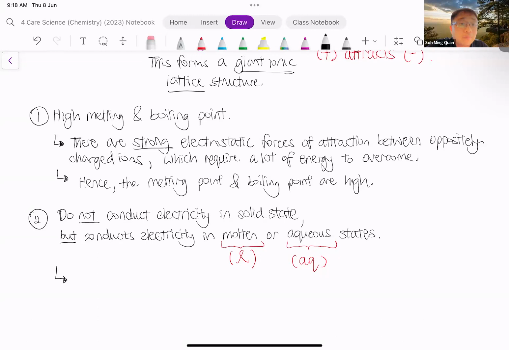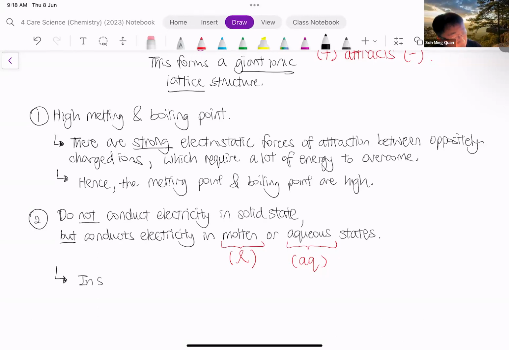Electricity is about moving charges, particles that are charged that can move. So in the case of ionic compounds, you have ions that are charged. There's positive ion, there's negative ion. These are charged, right? There's positive charge, there's negative charge. The question is, can they move? Because electricity involves moving charges, right?